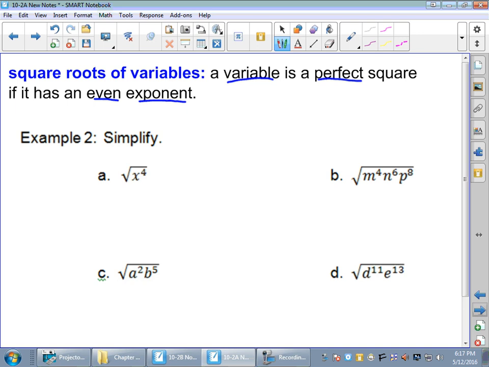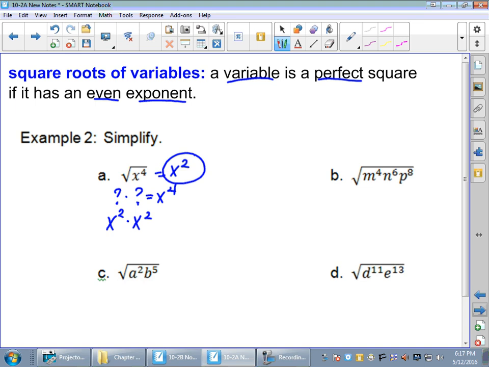So looking at A, remember when you take the square root of something, it's saying what do you multiply by itself to give you x to the 4th? And the answer is x squared times x squared. So the answer to this is x squared. It's perfect. It's beautiful.